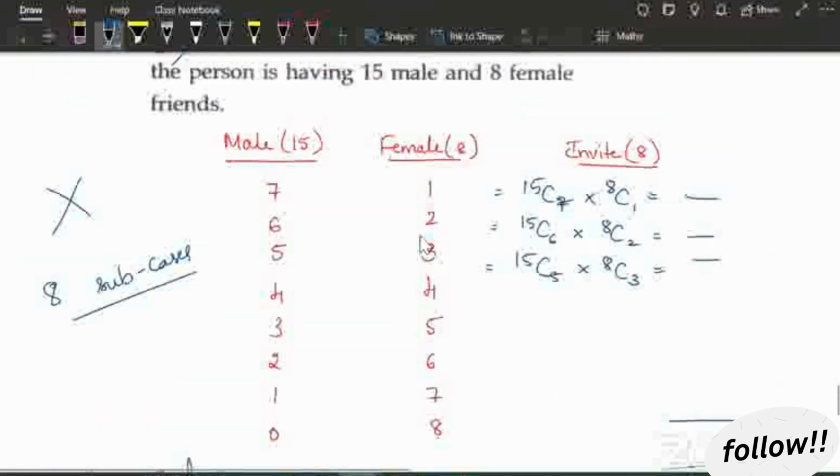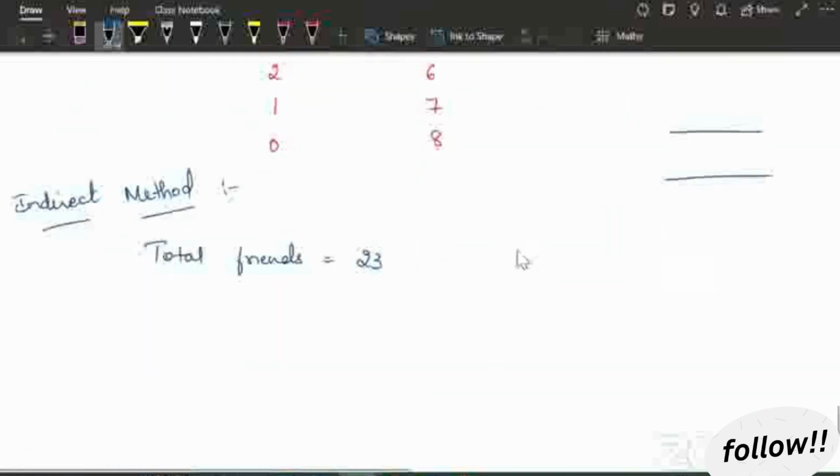Totally he has 23 friends. In this, how many should he invite? 8. Number of ways of inviting 8 friends out of 23 is 23C8. This is the total number of ways.